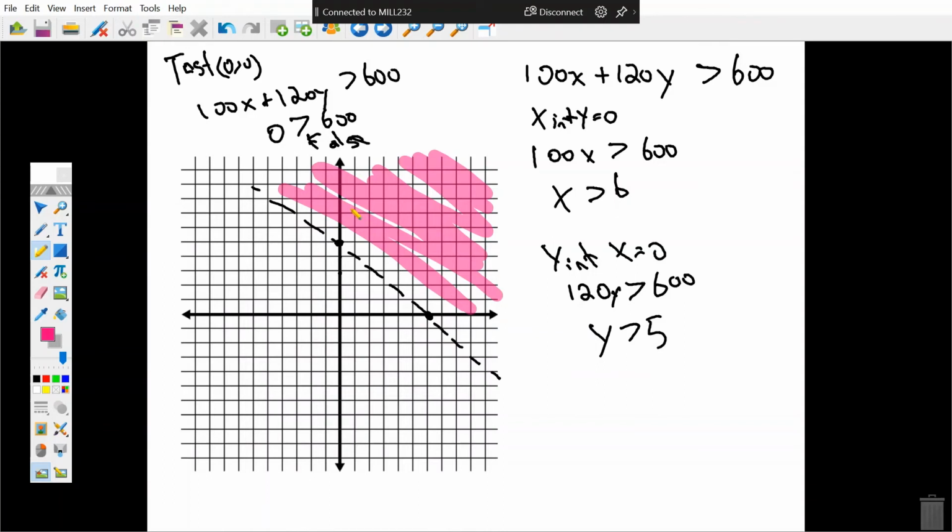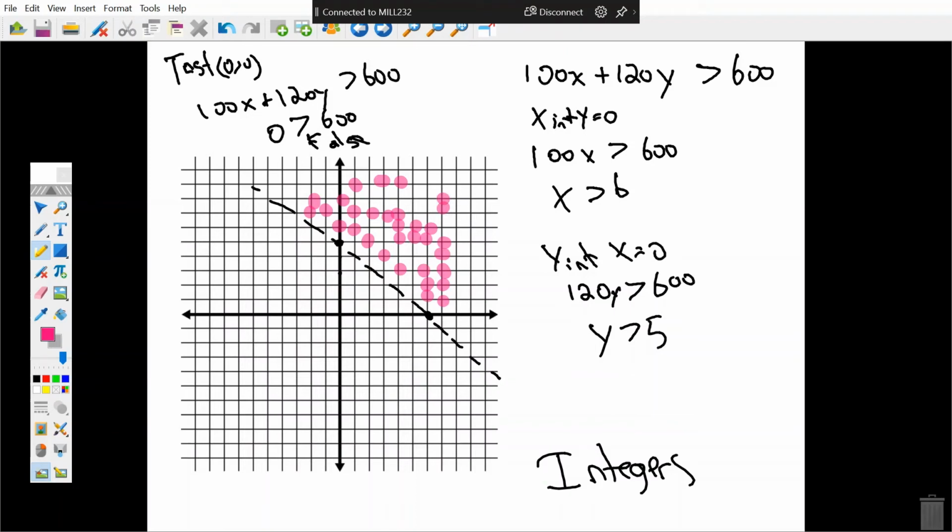But can I sell 0.2 of a snowboard or 0.5 of a ski? No, I can't, right? So the way this is supposed to be graphed and colored in, if we're just dealing with integers, is you just color in the dots, okay? Because it's not a matter of coloring in the entire thing, because you can't actually measure a part of a ski or a part of a snowboard.